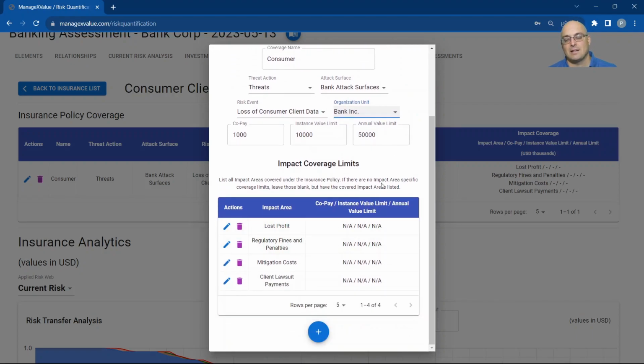Now the last area that is very important from an insurance perspective is really defining the coverage of the impact areas. You can potentially define different insurance limits also. Similar to your car insurance, for example, if you have a windshield damage, then you have different deductible and payout limits than if you have a body limit.